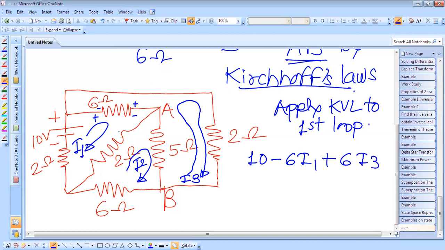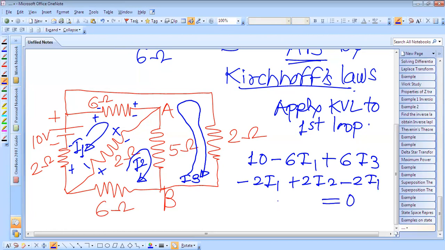Further, there is a fall in potential through this resistor because of this current, therefore minus 2I1. There is a rise in potential because of the I2 current, so plus 2I2, and again a fall in potential, minus 2I1, and this is equal to 0.